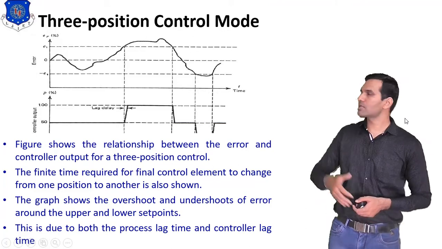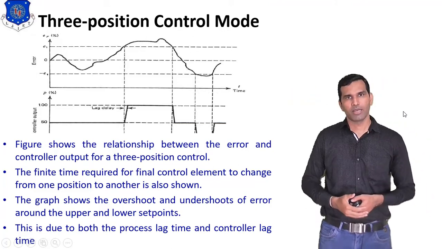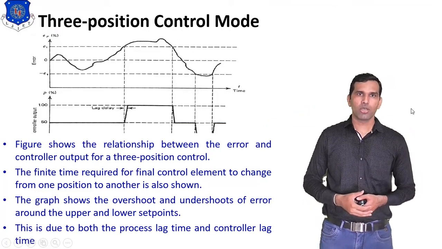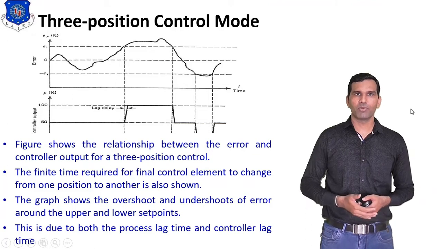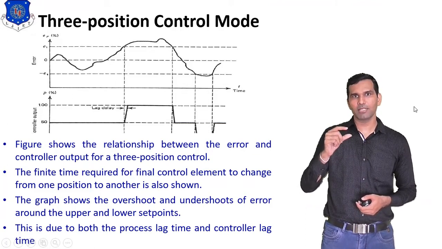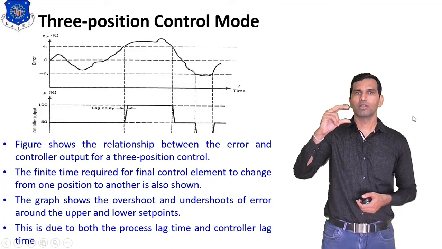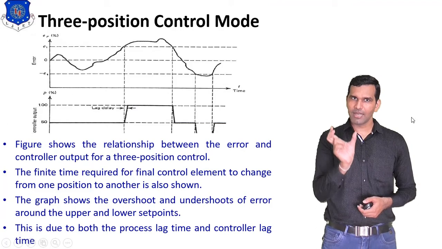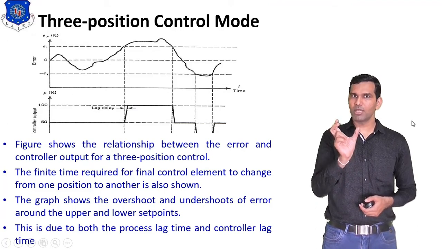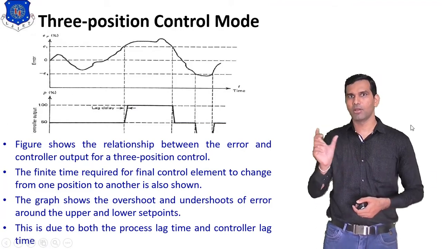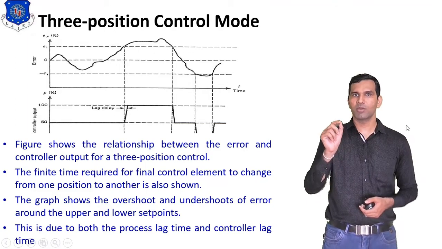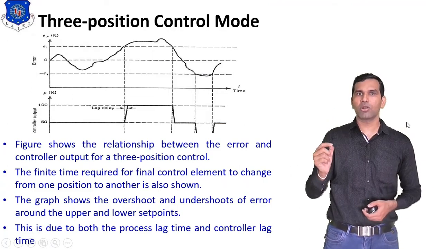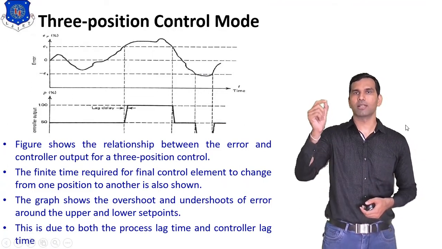Here, the first graph indicates the error and the second graph indicates the controller output. You can see this is the plus E1 and minus E1. Between that portion, the controller output is fixed at 50%. Then the error is increased beyond plus E1, so at that time the controller output is also increased.